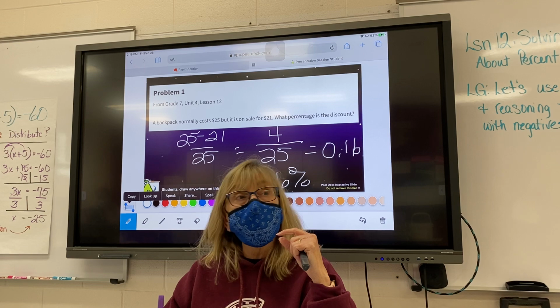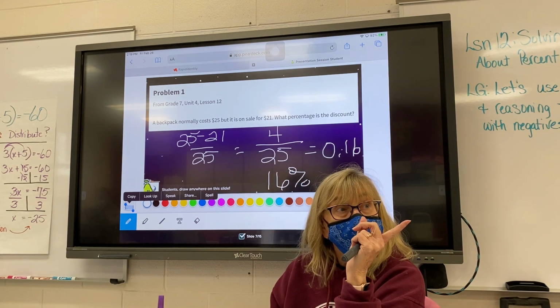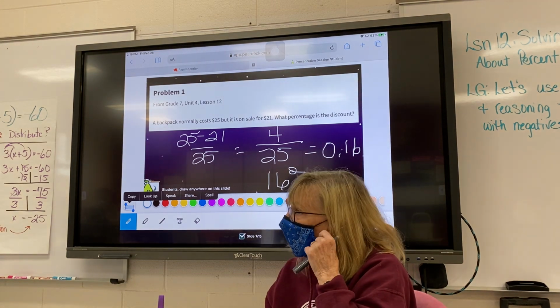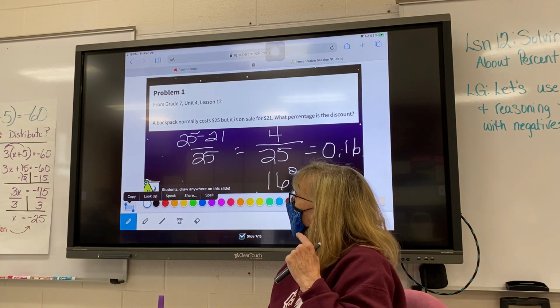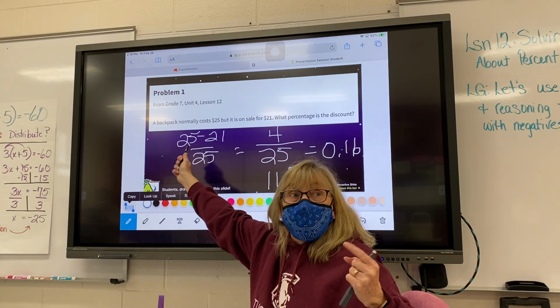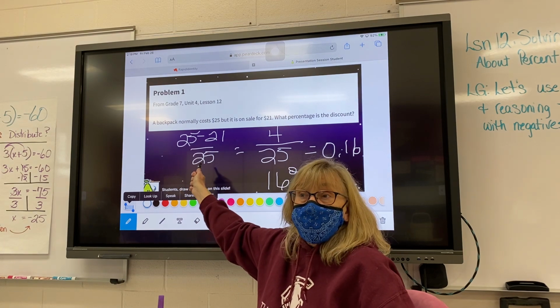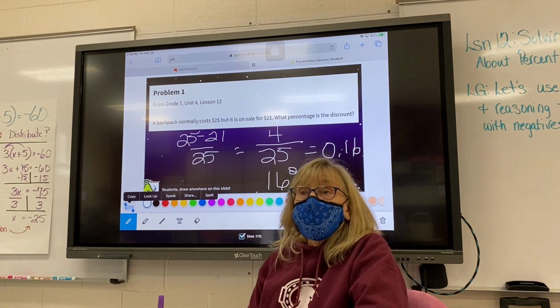Remember the formula for percent of change is difference over original times 100. And that's what we thought about. How much did we save? $4. You took the difference, right? And then we compare that to the original price and turn that into a percentage.